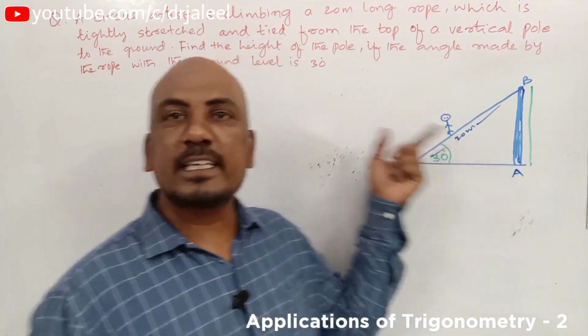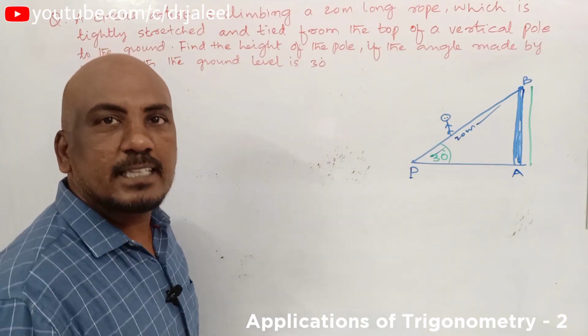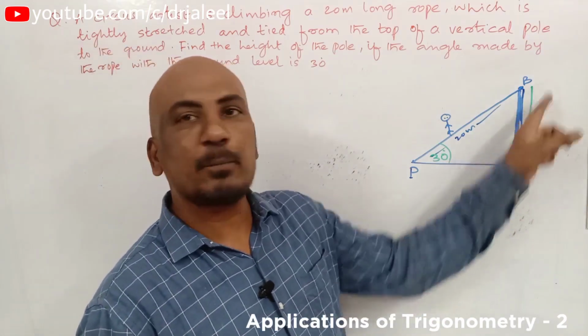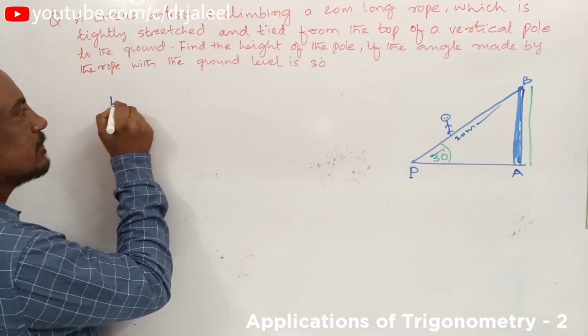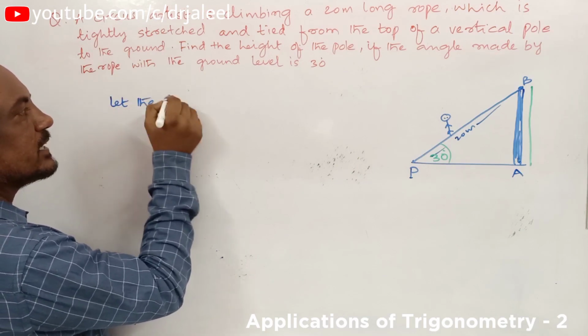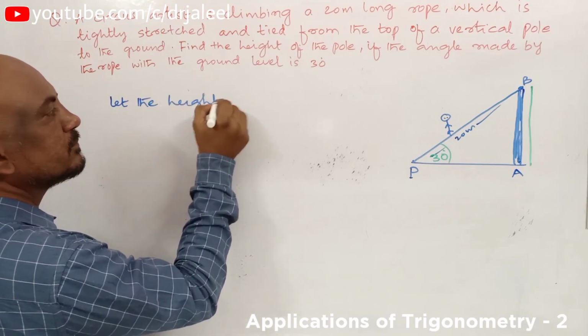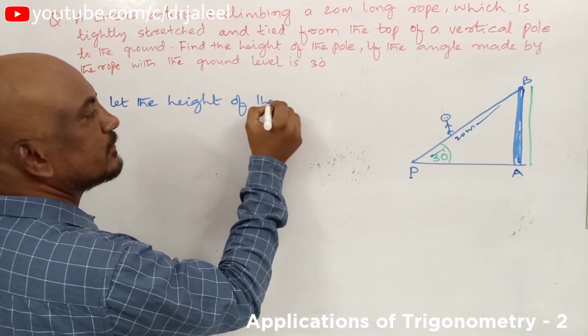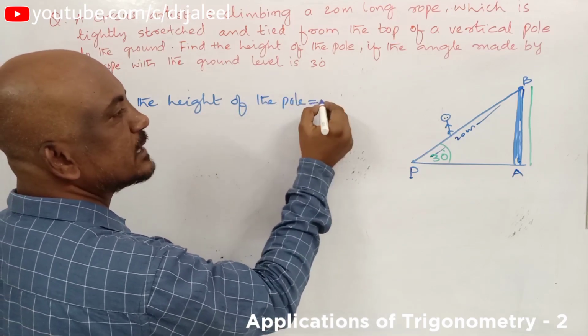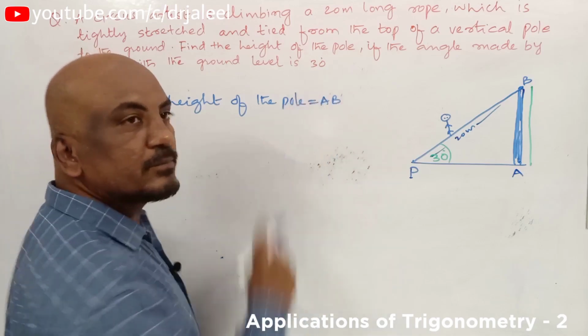So children, now we'll get into the second step called description. Let us describe what is the height of the pole? AB. So let the height of the pole be equal to AB.